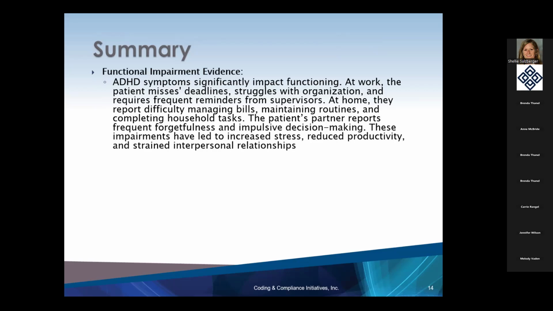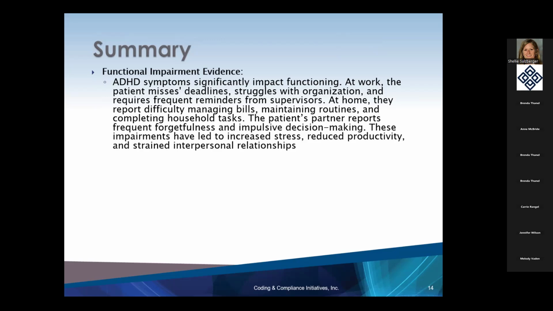When we move into functional impairment, ADHD symptoms significantly impacting functioning at work. The patient misses deadlines, struggles with organization. They require frequent reminders from supervisors. At home, difficulty managing bills, routines, completing household tasks. The patient's partner reports the patient is forgetful.